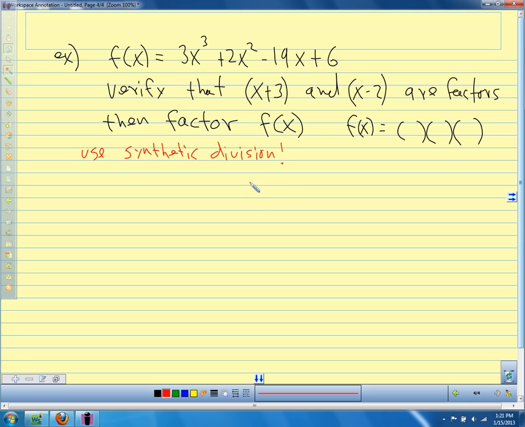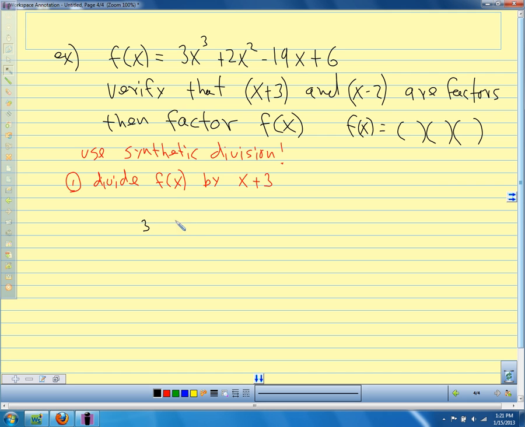So for my first step, I'm going to divide f of x by x plus 3. If x plus 3 is a factor, my remainder is going to be 0. So let's start by dividing f of x by x plus 3. So I'm going to write my decreasing powers of x.